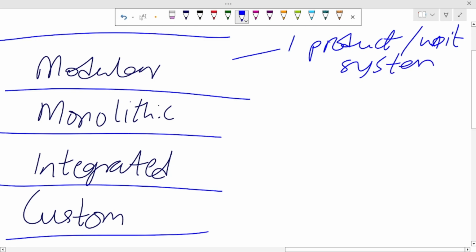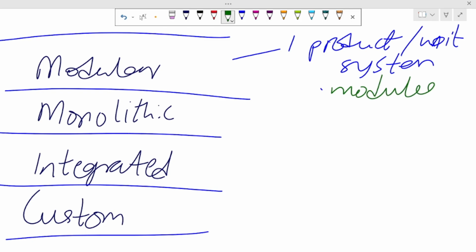But that system is made up of what? Models. So these models can be separated, they can be reused. Each model can exist and function on its own. When you bring different models together, they make a complete system.